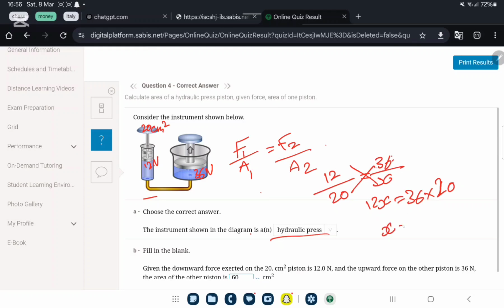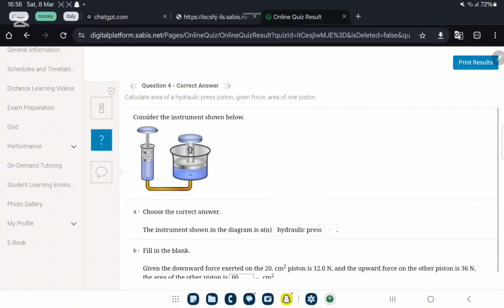So X equals 36 times 20 over 12. You put it in your calculator and you get X equals 60. They said centimeter squared, and you didn't convert in the beginning, so you don't need to convert at the end.